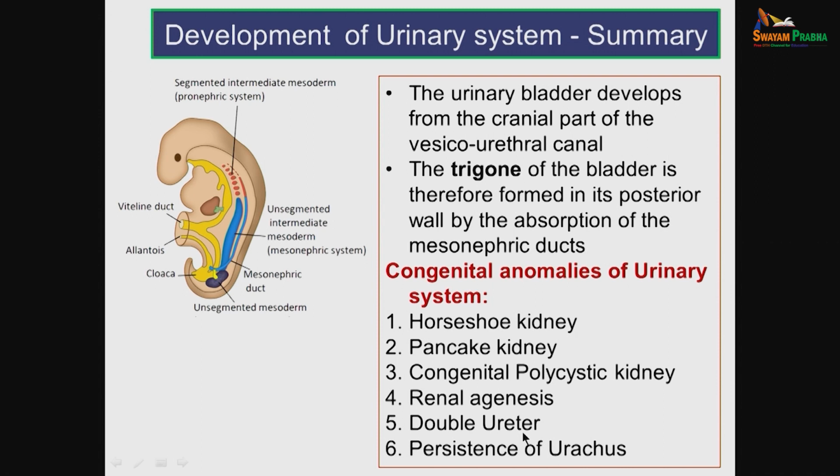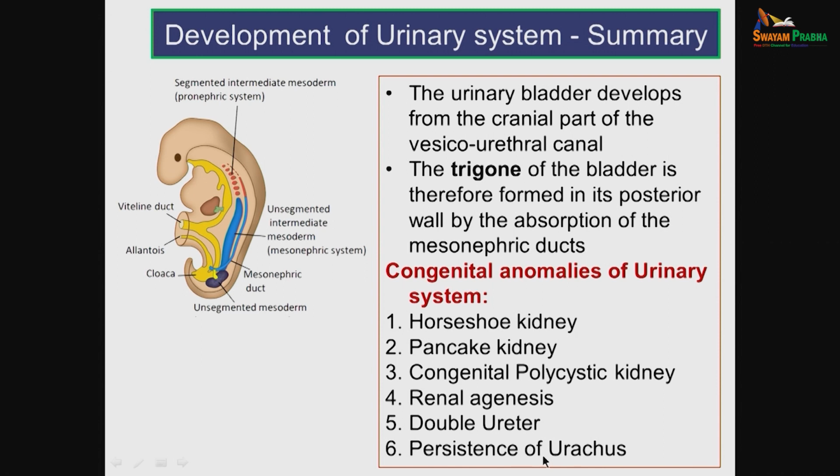There can be a problem with the ureteric bud, which is a diverticulum from the mesonephric duct, and it can be bifid in some cases. This congenital anomaly is called duplication of ureter or double ureter.